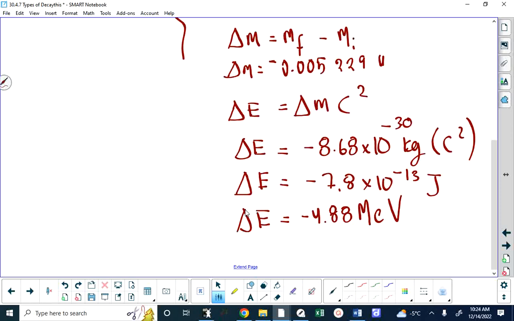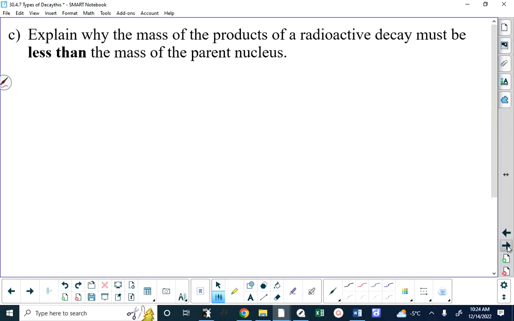In redox, your spontaneous redox reactions are exothermic. And that leads to the answer to the final thing, which is where we're going to stop. Why is the mass of the products always going to be less in a radioactive decay? The answer is because it's exothermic. And the energy has to come from somewhere, and it comes from matter going away and energy taking its place.